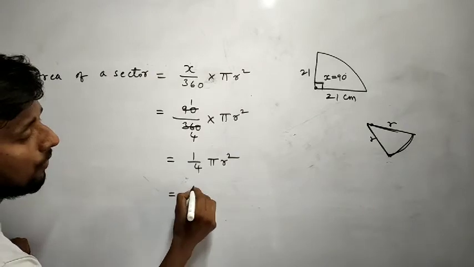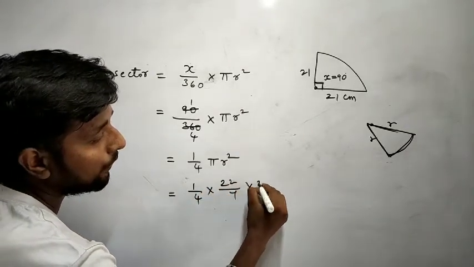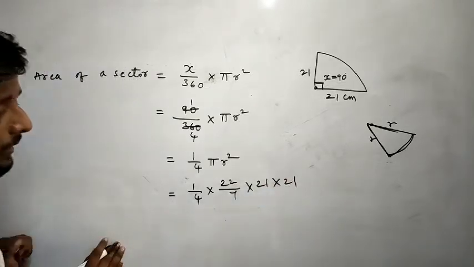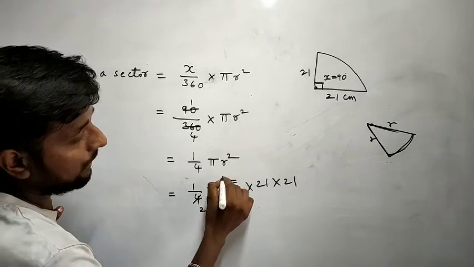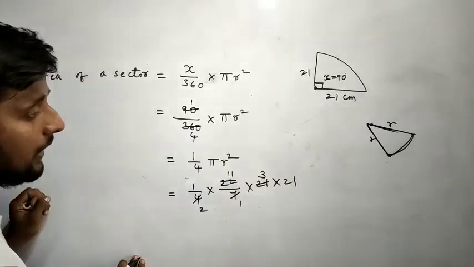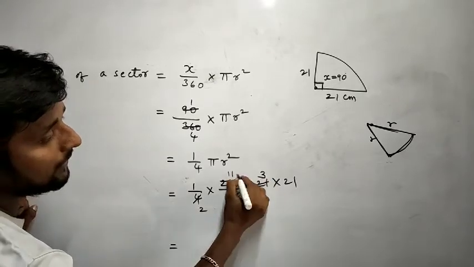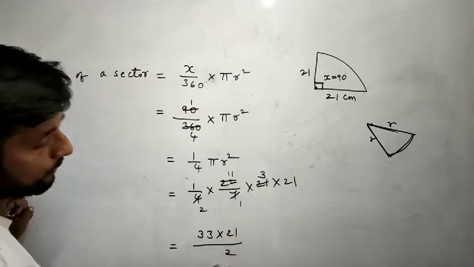Now write 1/4, pi value 22/7, r value 21. Cancellations. 2 twos are 2, 11 times. 7 ones are 7, 3 times. Simply we'll write 11 threes are 33. 33 into 21/2.